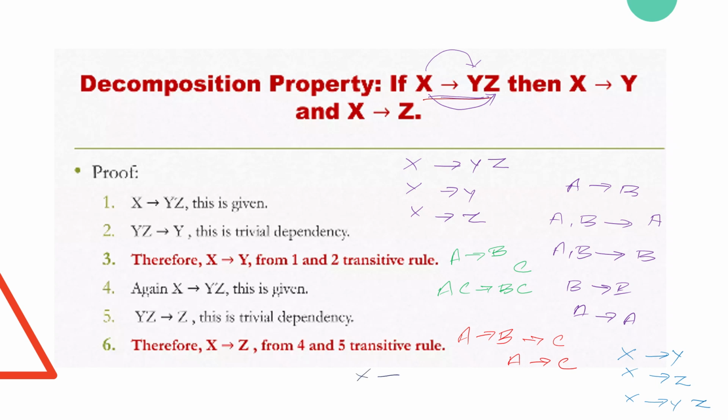If X determines YZ, I can say X can determine Y and X can determine Z. So this is decomposition property. So reflexive property, augmentation property, transitivity property, then this is union property, and this is decomposition property. Any doubt in this?